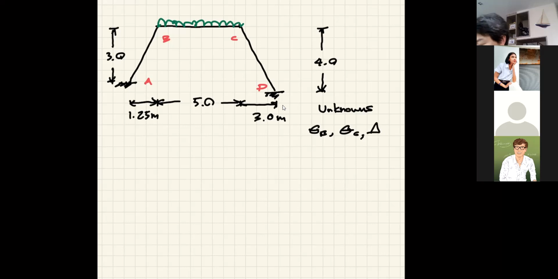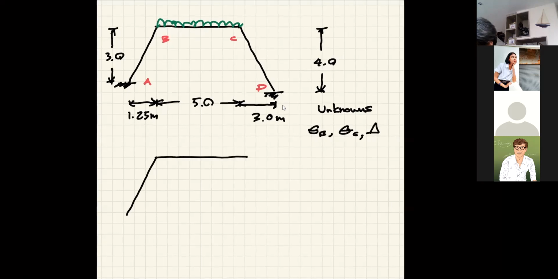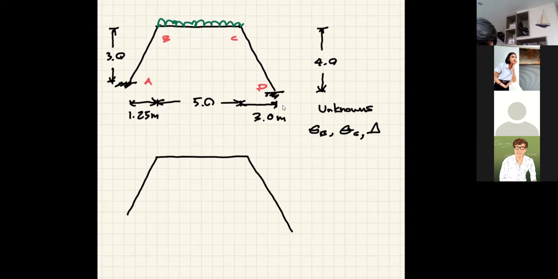Let me draw this again. Let's say this frame will sway to the left. It will just come to the left a little bit.